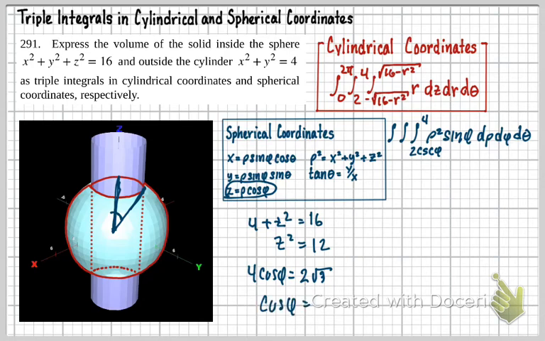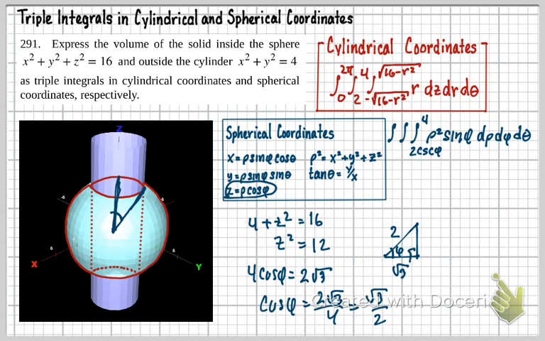So we get this. And then to solve for phi here, I have to move the 4 over. So cosine of phi equals 2 square root of 3 over 4, which is really just square root of 3 over 2, which is one of my special triangles. I don't know if you know that or not, or if you remember. Cosine is adjacent over hypotenuse.